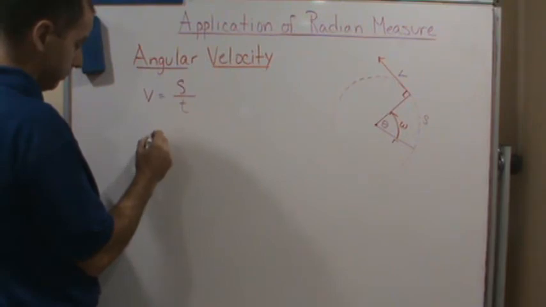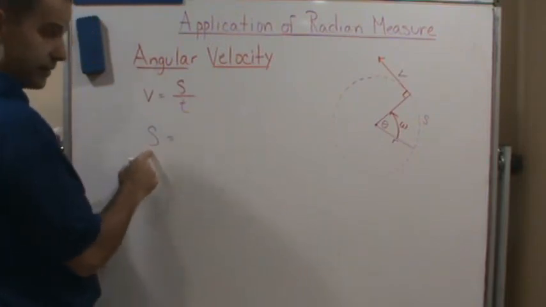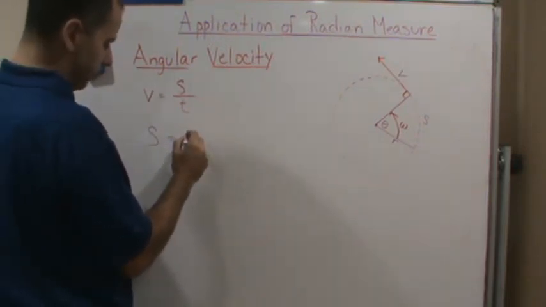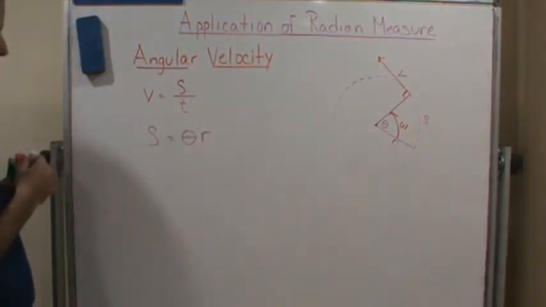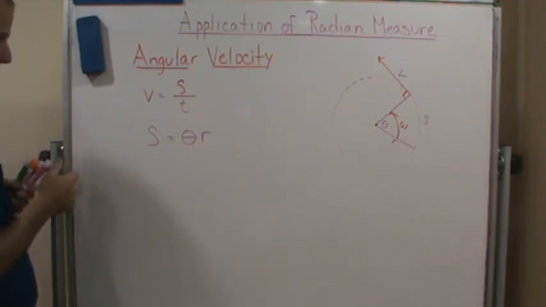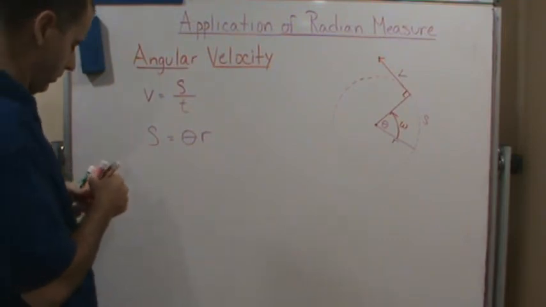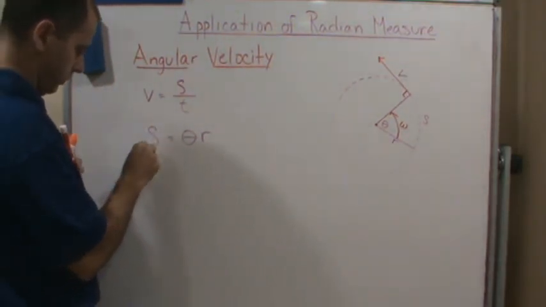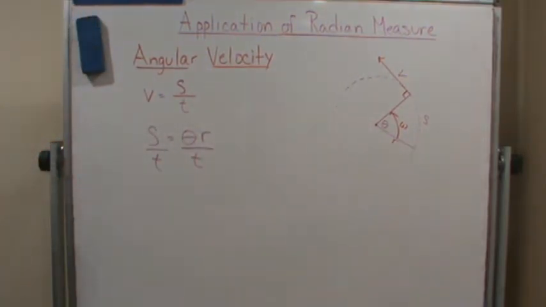Well, think about this. Arc length, the distance s, is equal to theta times r. If I divide this by t, I get that.